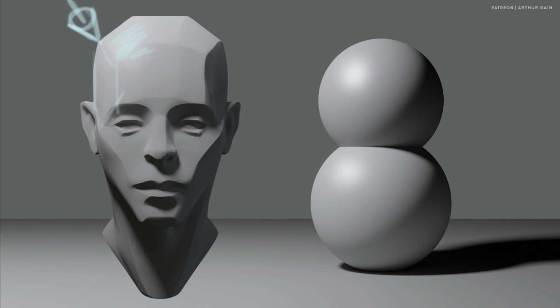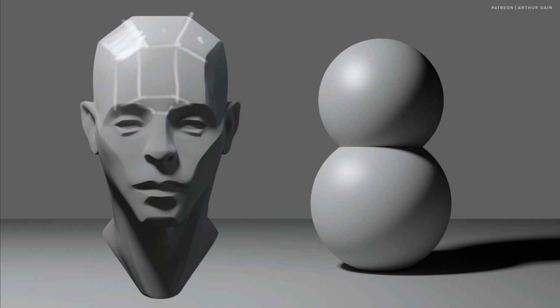This model shows the most important planes which we need to find on our models. So let us talk about them. This upper plane is most perpendicular to the light source, hence it is the lightest plane. We have the brow ridge planes.